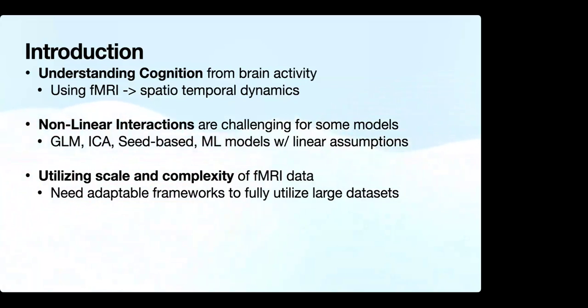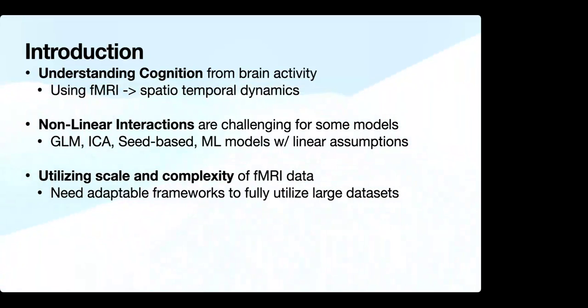So another reason why a model like BrainLM would be useful at this moment in time is because nonlinear interactions are challenging for a lot of models that people have used in the past. Something like a GLM or ICA analysis, even seed-based correlations and other machine learning models that have linear assumptions, I think struggle with understanding these nonlinear interactions in the brain.